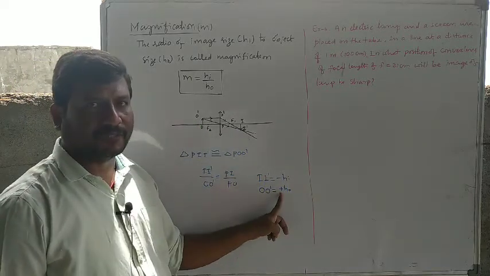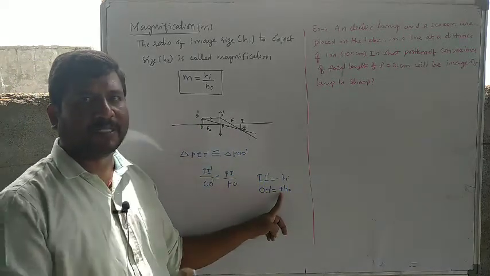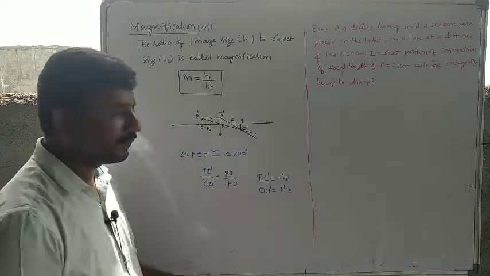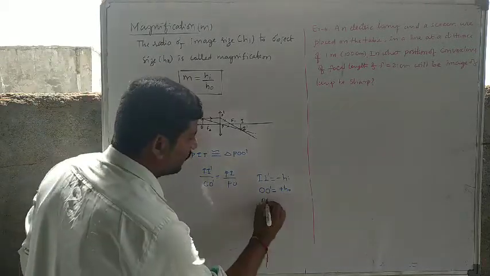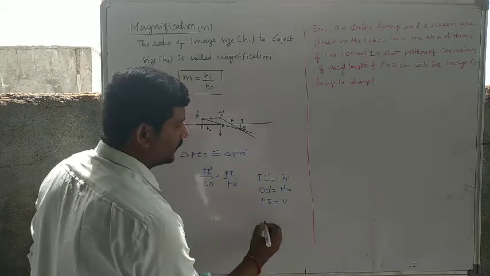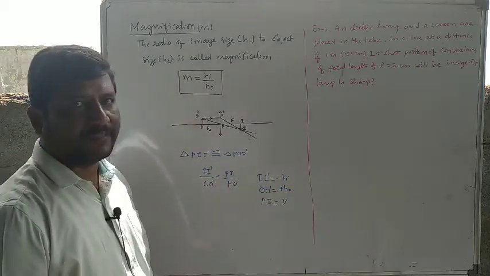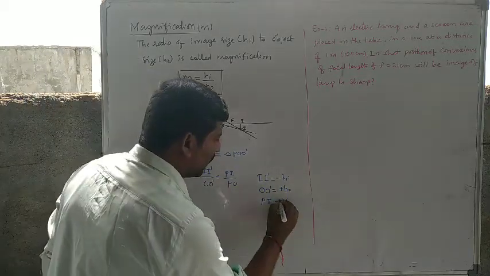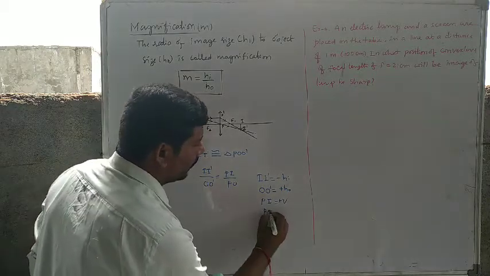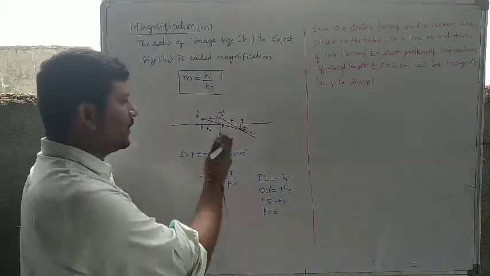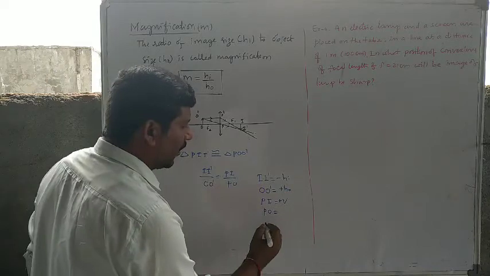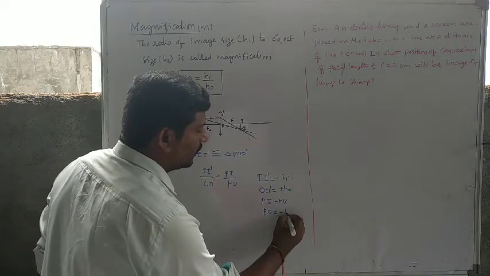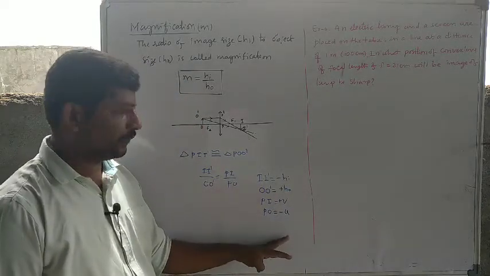Here we have taken positive because the height measured upwards from the principal axis should be taken as positive. Next, PI, the image distance. It is measured in the direction of the incident light, so it is positive, and PO is measured in the direction opposite to the incident light, so it should be taken as negative.